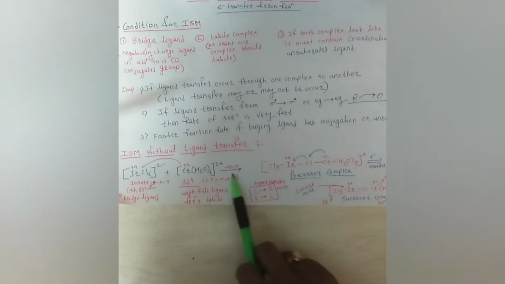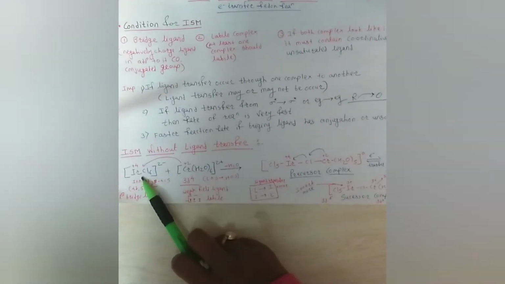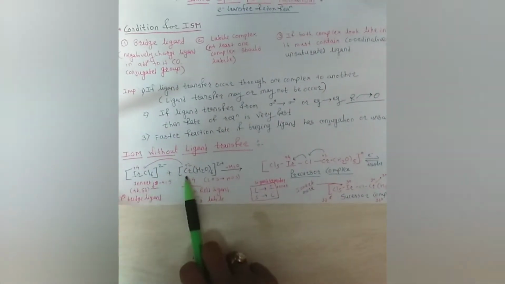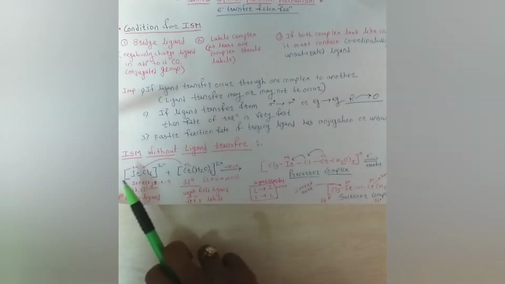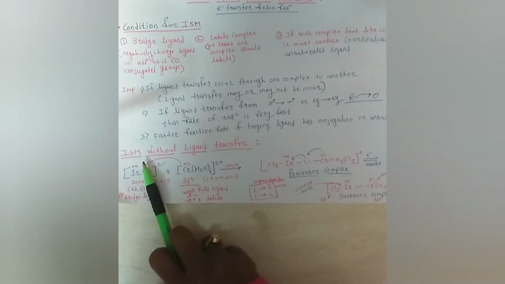Next, the electron transfer generally occurs from a lower oxidation state to a higher oxidation state. Here chromium is in +2 oxidation state and iridium in +4 oxidation state.